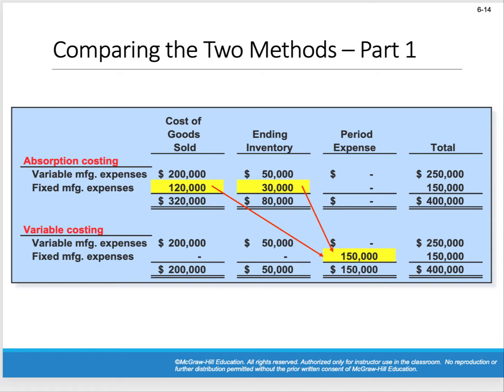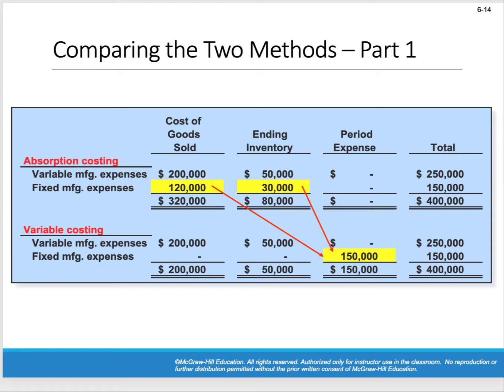So that $6 per unit, we're going to apply it to both cost of goods sold and ending inventory. Why? Because remember, we recognize our product costs when we sell those products. So that means we sold enough products to recognize fixed manufacturing overhead of $120,000, right?